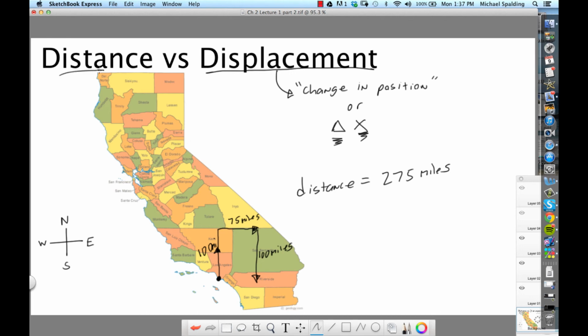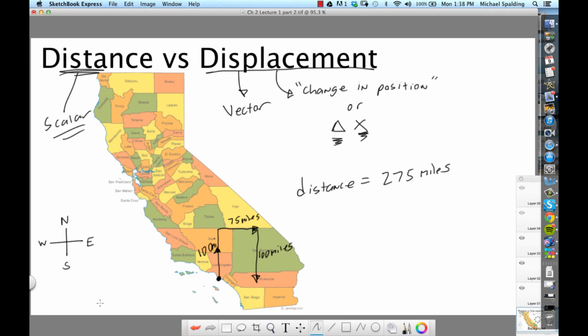Distance is scalar. So what does scalar mean? Does it care about direction? Nope. Distance is scalar. Does not care about direction. Displacement, on the other hand, is vector. What does vector mean? It cares about direction.